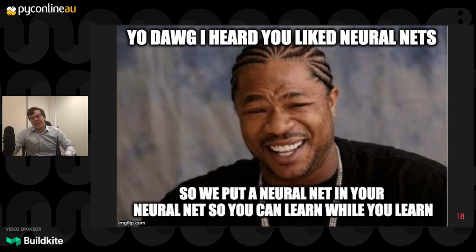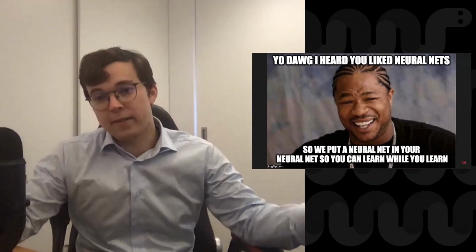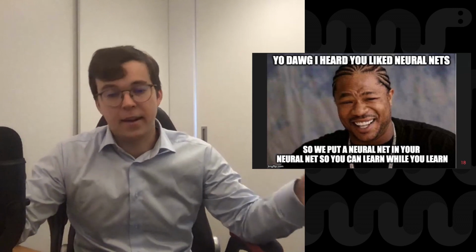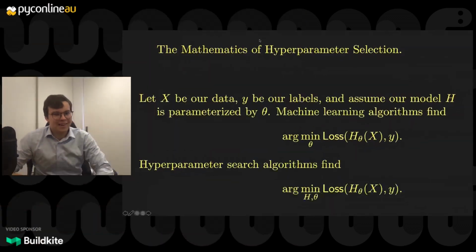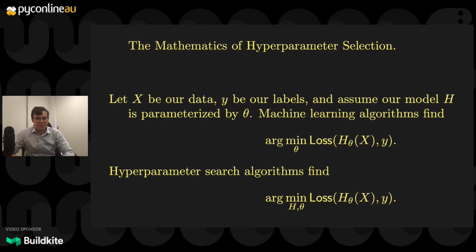So what does this actually mean? How can a program choose the right settings for our model? Well, a problem well stated is half solved, so let's state our problem precisely. There's going to be a bit of maths here because mathematics is the language of machine learning. Let's take my nimble problem.